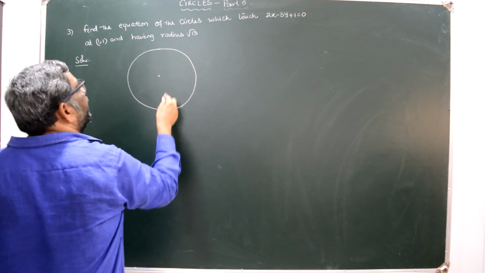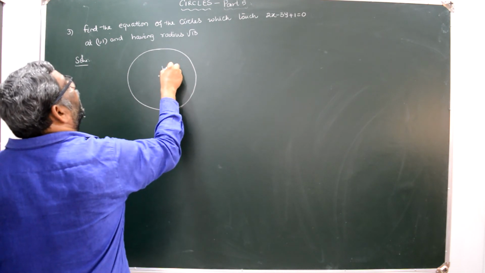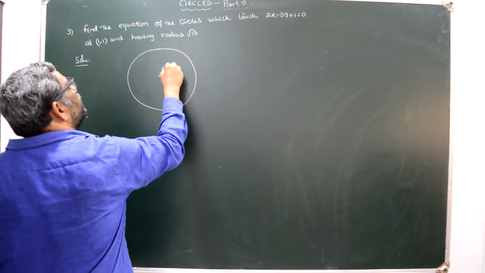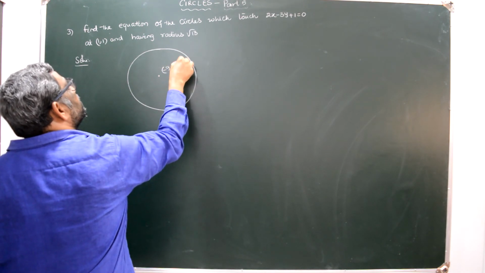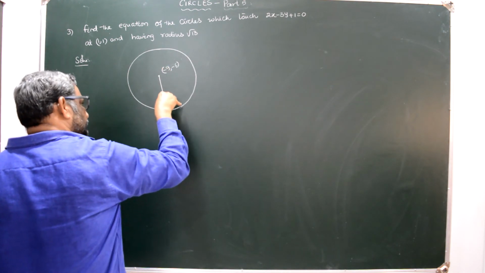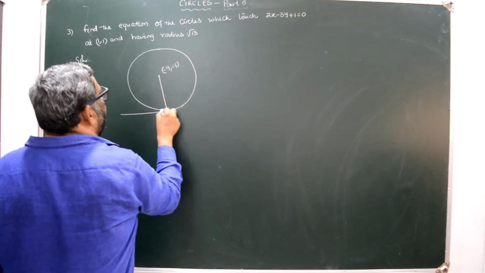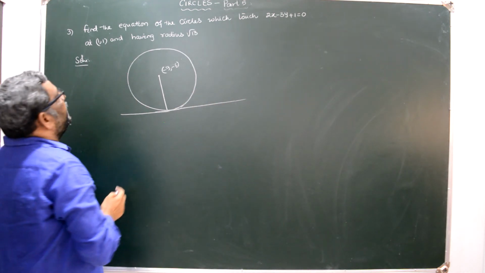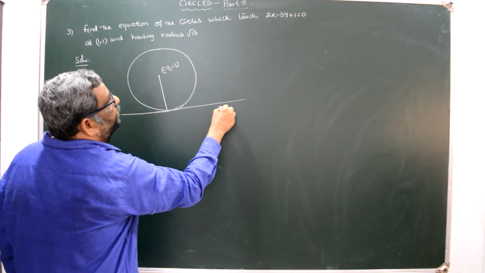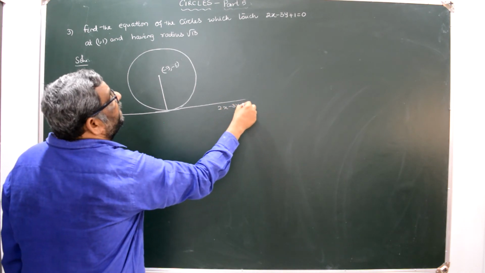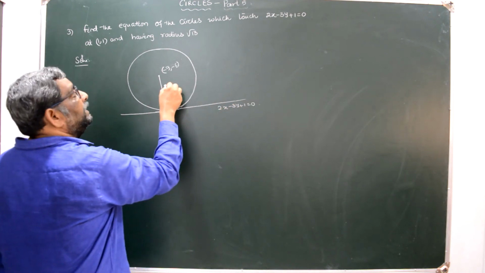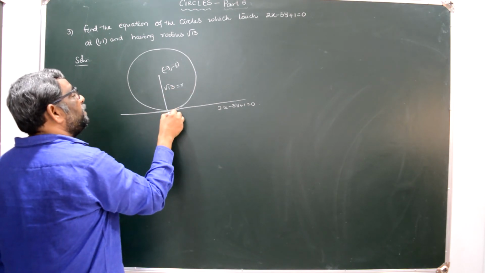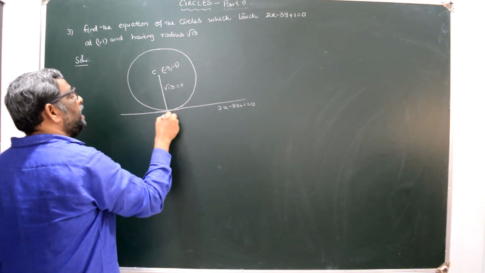Let the center be some h comma k, otherwise you can straight away take minus g comma minus f, because it is a regular habit of us to consider the circle as x square plus y square plus 2gx plus 2fy plus c equal to 0. The tangent line is 2x minus 3y plus 1 equal to 0. The radius r is root 13. This is the point 1 comma 1.